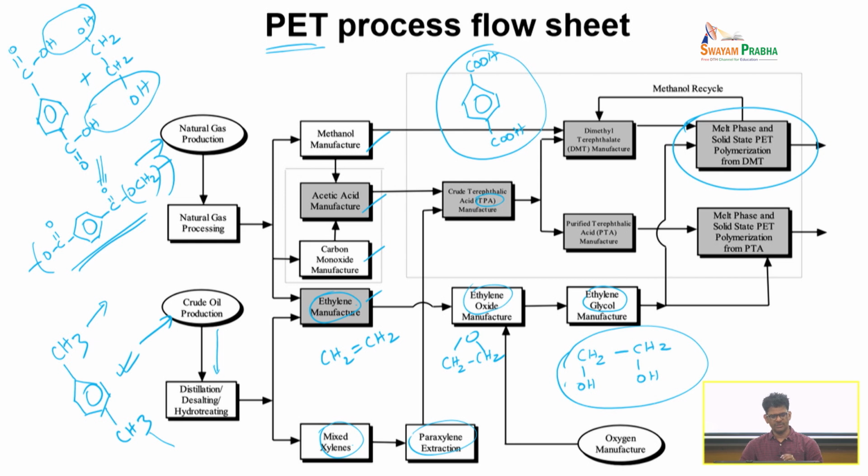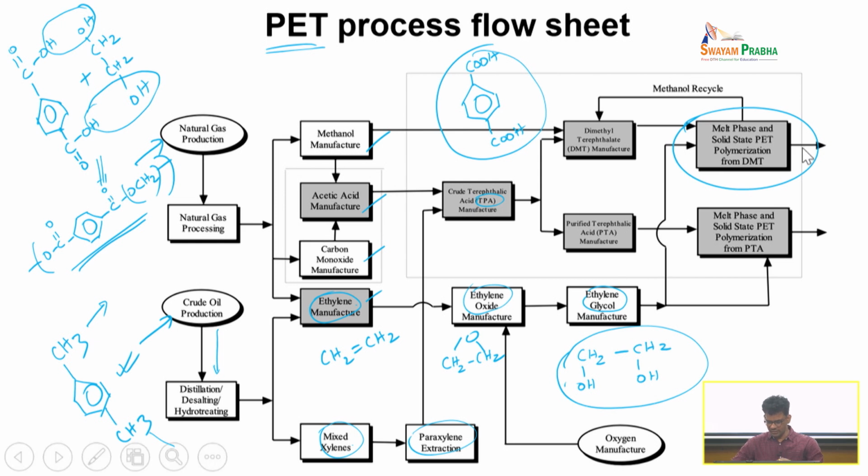The natural capital that we are using here are natural gas and petroleum, which are taken from the earth, and then from there you refine the products one by one, going through the intermediates, ethylene, ethylene oxide, ethylene glycol, xylene to terephthalic acid, and then you do this polymerization reaction.